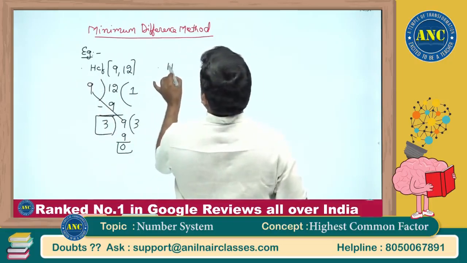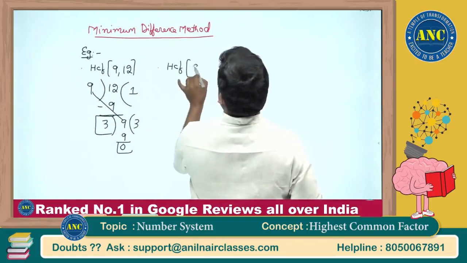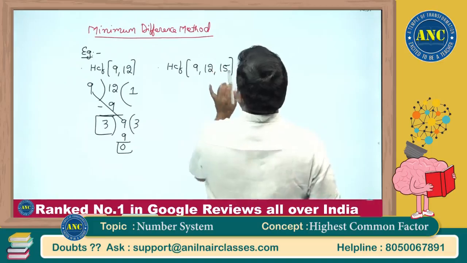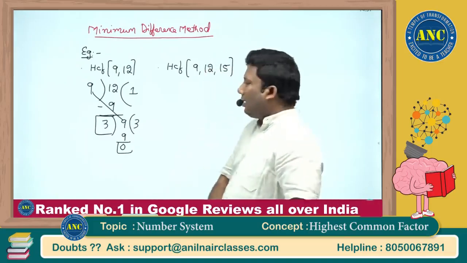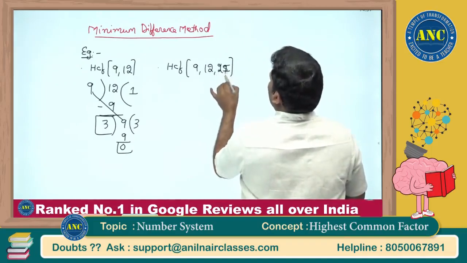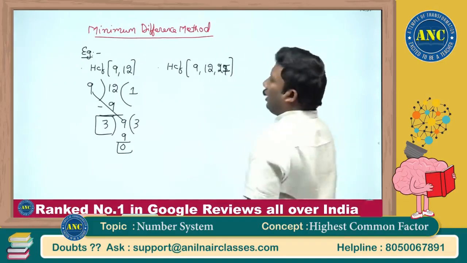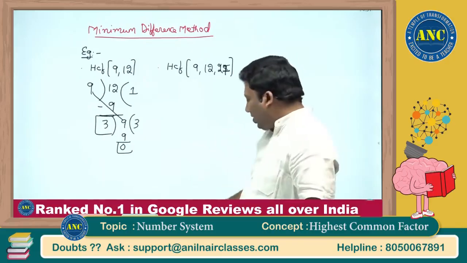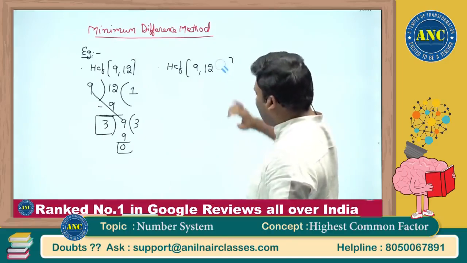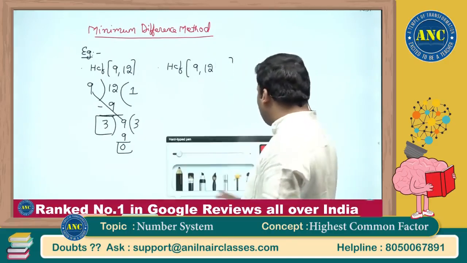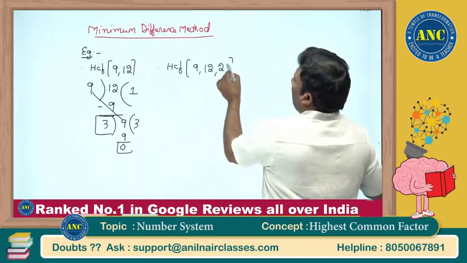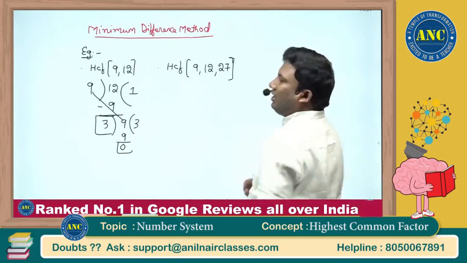Next one. HCF of 9, 12 and 27. You will understand why the minimum difference came into the picture.